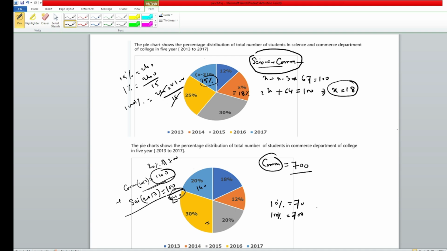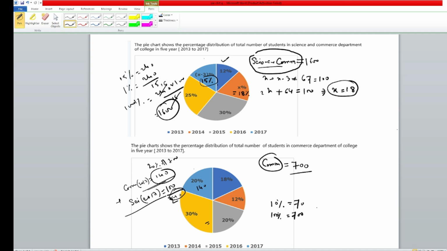That is 1600. So in science and commerce, in all the years together, 2013, 14, 15, 16, 17, it is 1600.